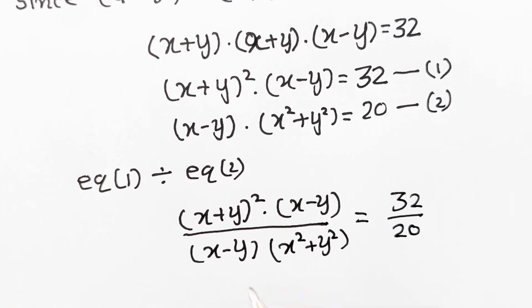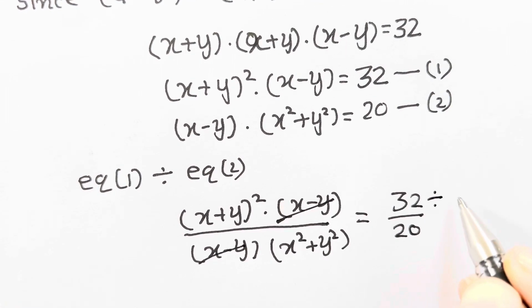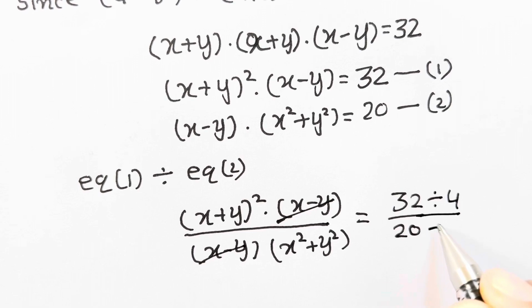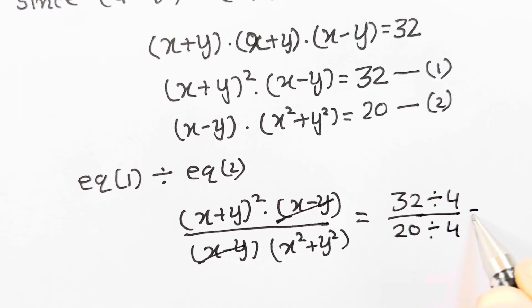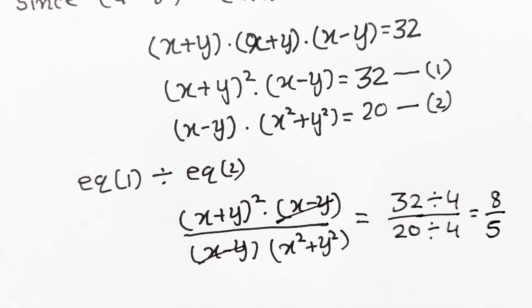On the left hand side, x minus y will be cancelled out. And on the right hand side, I will divide numerator and denominator by 4 to make it simple. So it becomes 8 over 5.